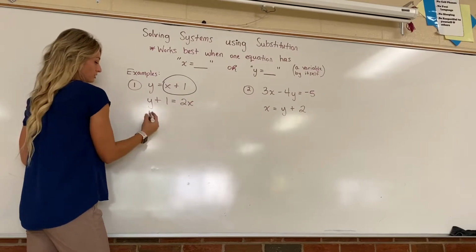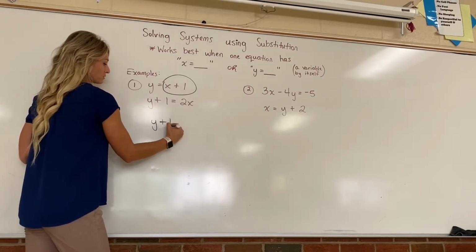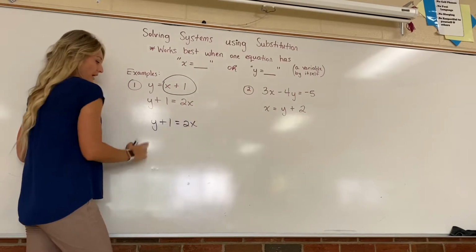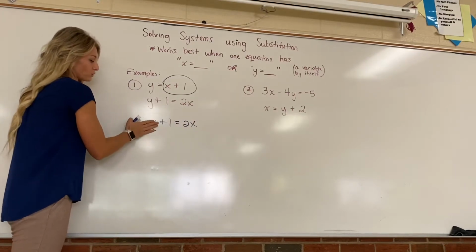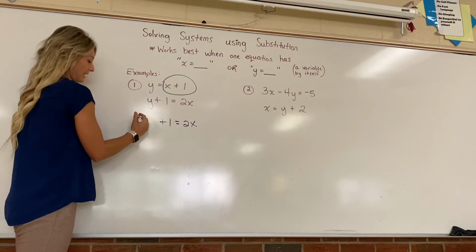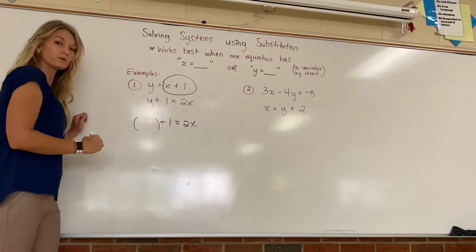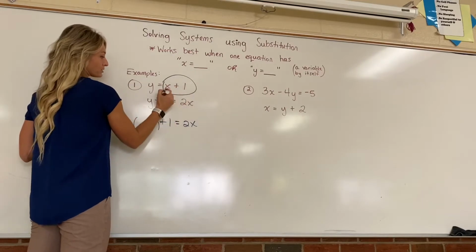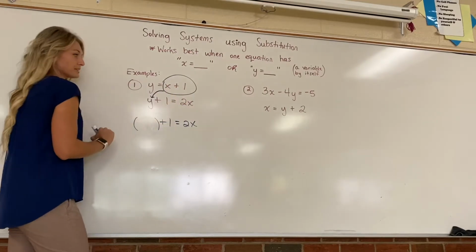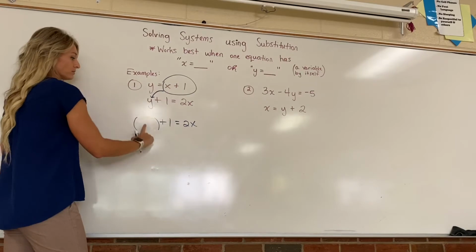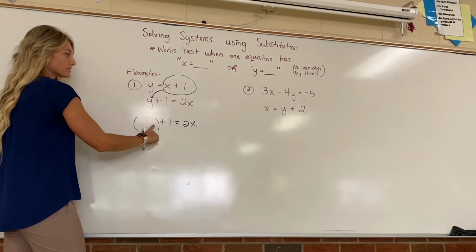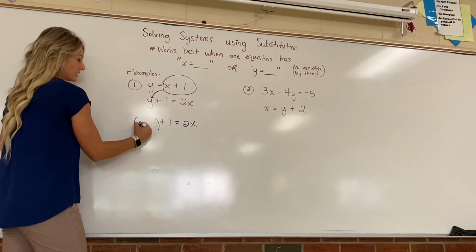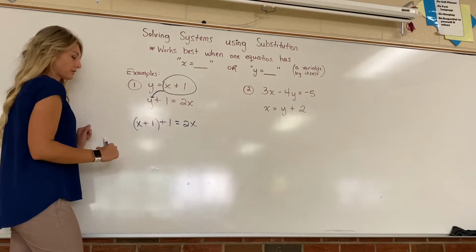So in this equation, I'm going to copy it down real quick. I literally am going to erase my y, and I'm going to put parentheses wherever it was, and plug that in. So my x plus 1 is going to take the place of that y, okay? So I put parentheses where the y was, and now I'm just going to plug it right in there, okay?